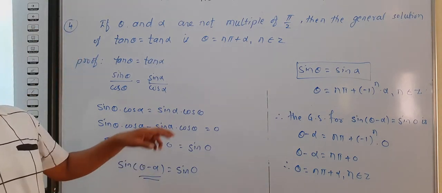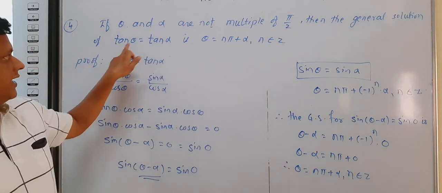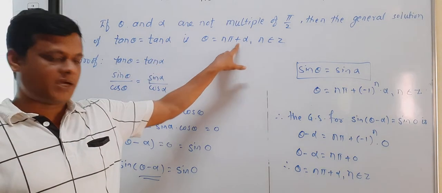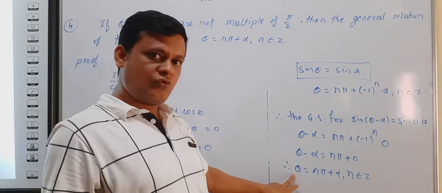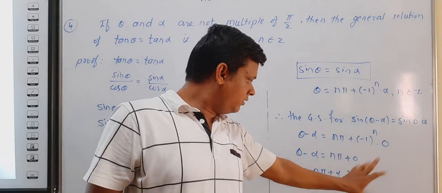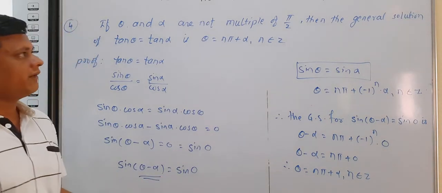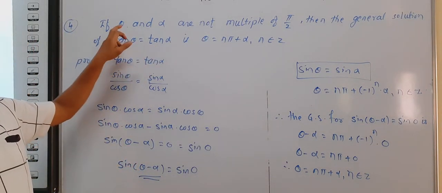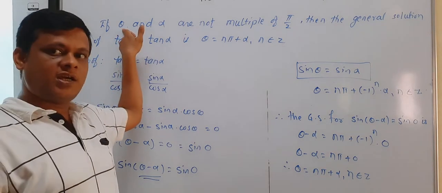Now observe the solution. Tan theta equals tan alpha gives theta equals n pi plus alpha, n belongs to Z. In this way we can find the general solution for tan theta equals tan alpha. Why is this condition given here?